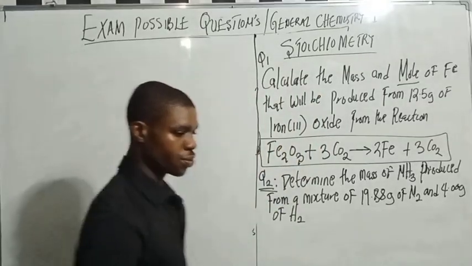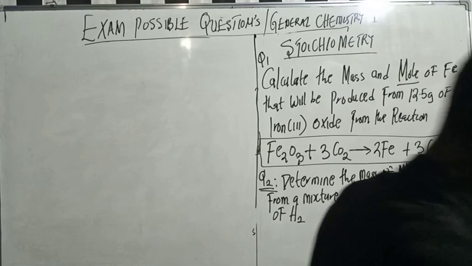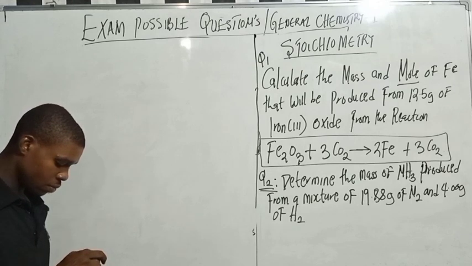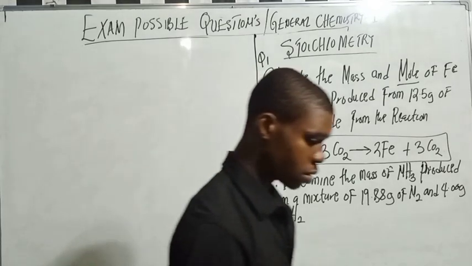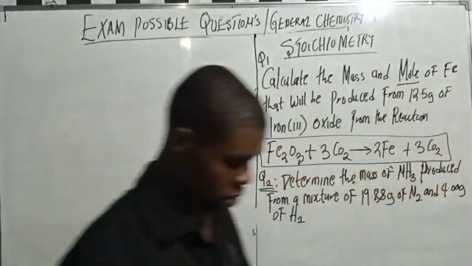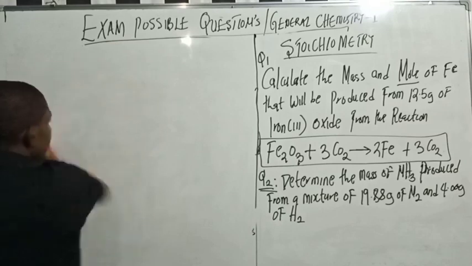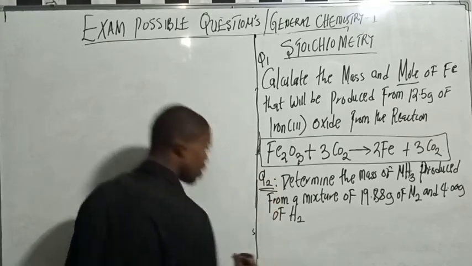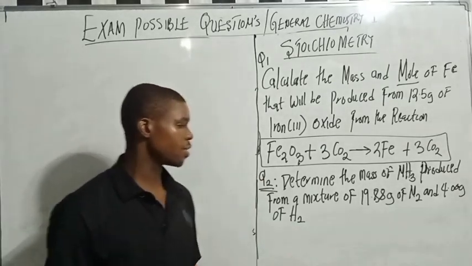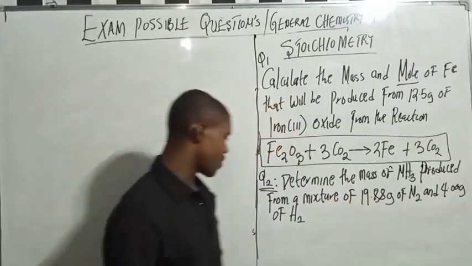So let's look at question 2. Determine the mass of NH3 produced from the mixture of 19.88 gram of N2 and 14.400 gram of H2.